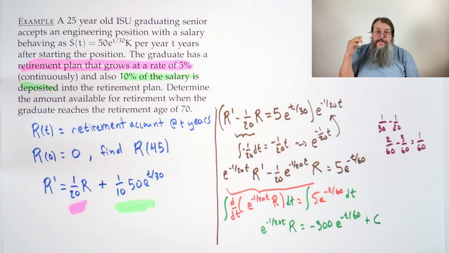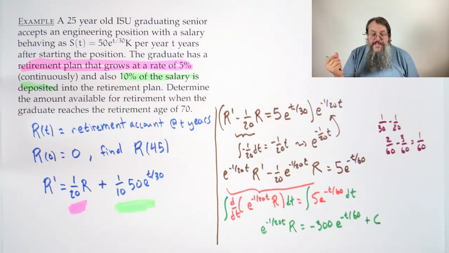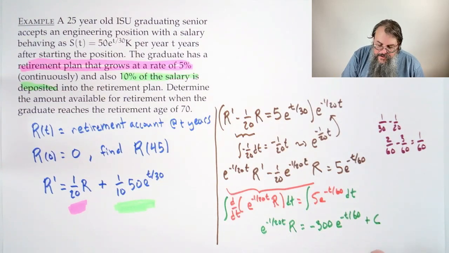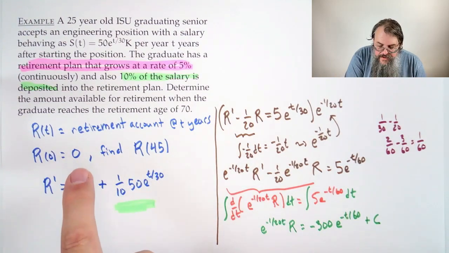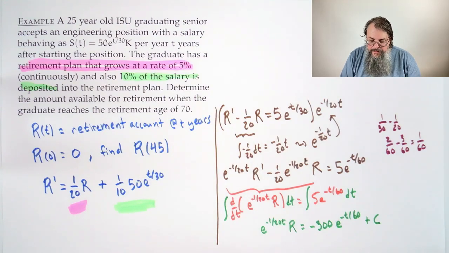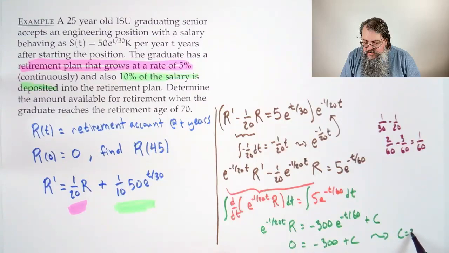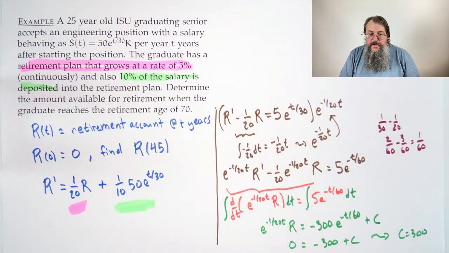Now, let's go ahead and figure our initial conditions. So we know at time 0, there's nothing there. So if you plug in 0 for r and 0 for t, you'll get 0 equals minus 300 plus c, which says c equals 300. All right, well, we're almost there.